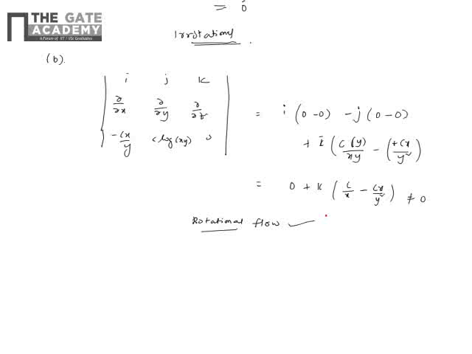So problems like this you can easily find out rotational and irrotational flow. Let's do another problem. For a 2D flow, phi is 3xy and the stream function is 3 by 2 (y squared minus x squared).